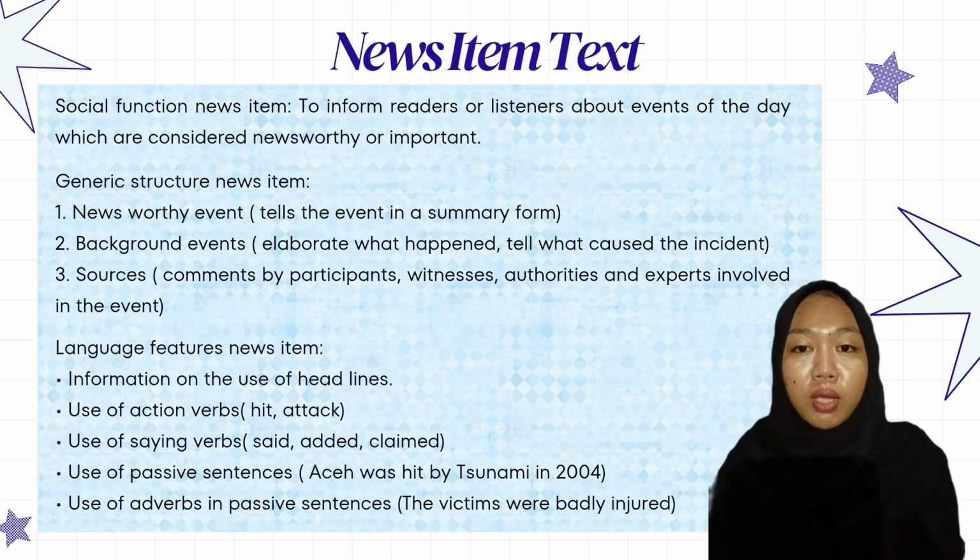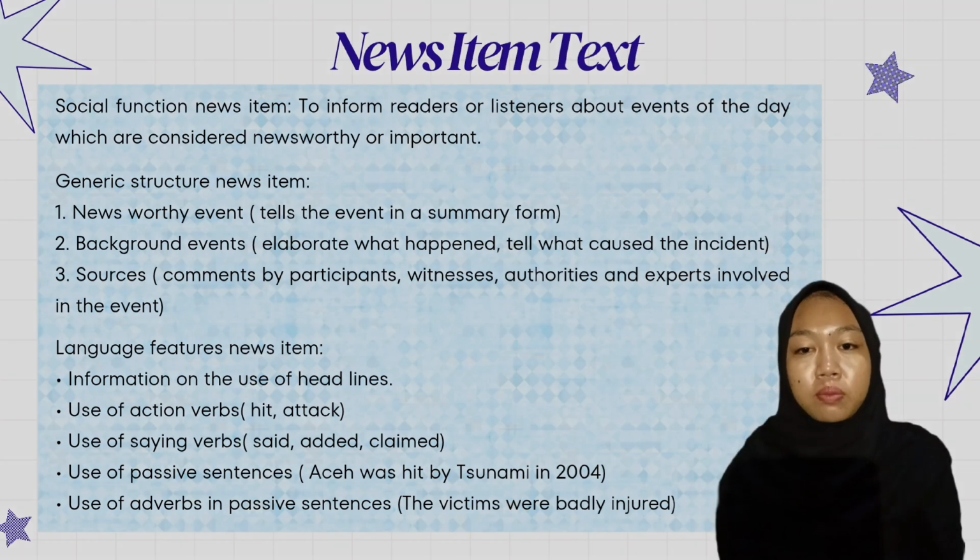Source contains comments or statements from experts or people involved. The language features are headline, action verb, saying verb, passive sentence, and adverb in passive sentence. So, news item text focuses on sharing important information.